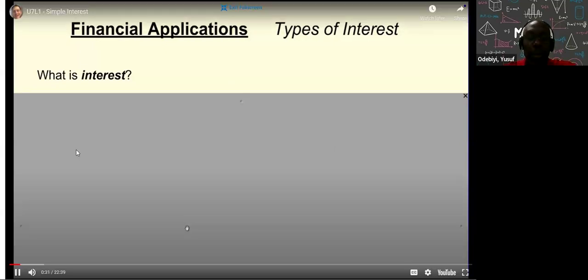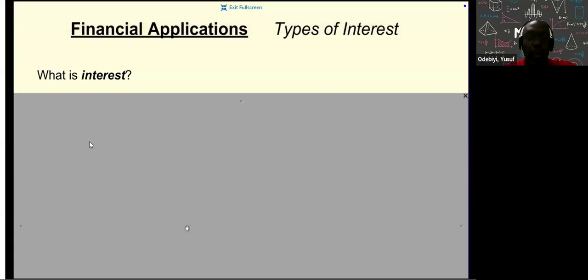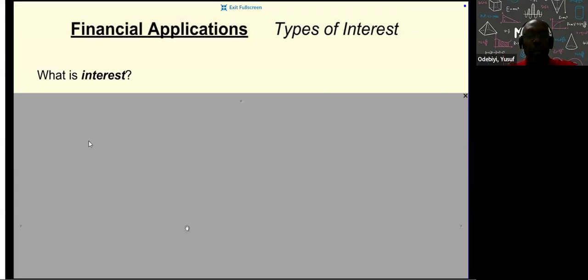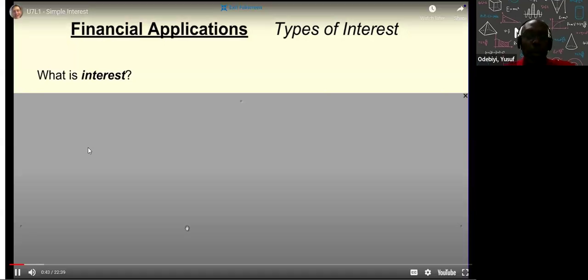Both interest and annuities occur very often in our lives, especially as you get older and you invest money or purchase things that are really expensive. We're going to go over what the different types of interest are, what annuities are, and how they can relate to what will happen in your life.